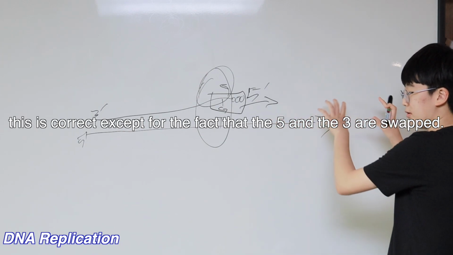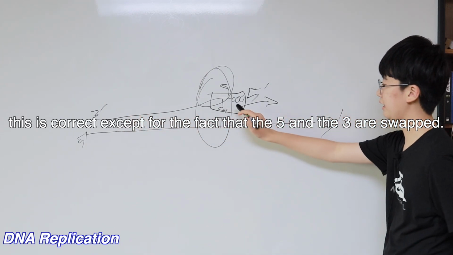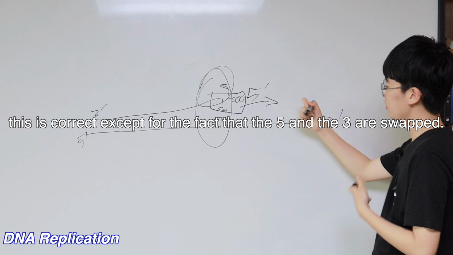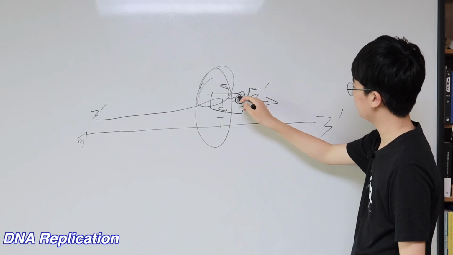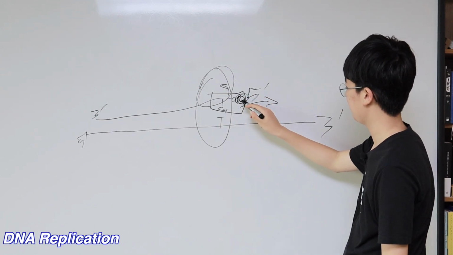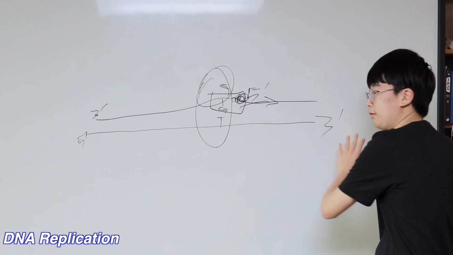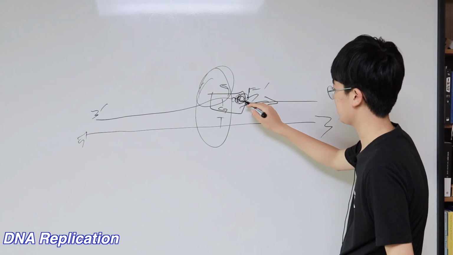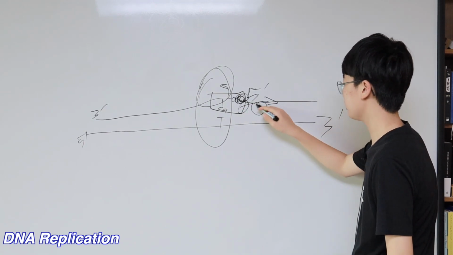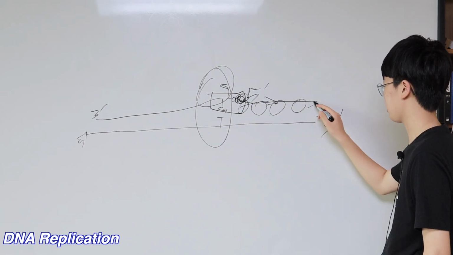But then if it went this way, the phosphates here would be on the side where other nucleotides are.